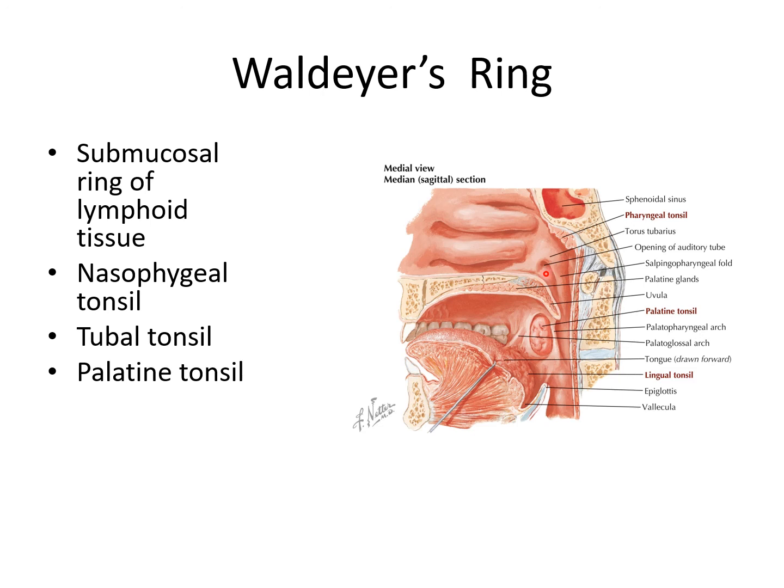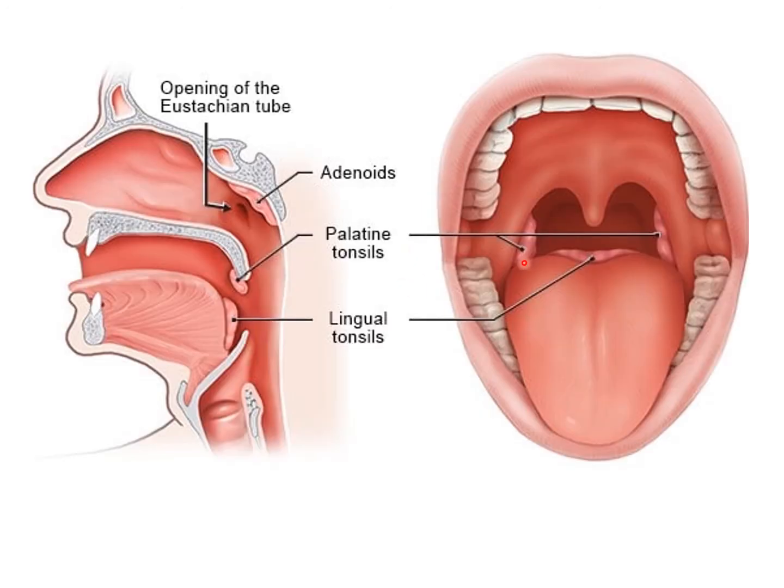Over it we have the tubal tonsils, and here we have the palatine tonsils. They all constitute a ring. If one opens the mouth, it is in the form of a ring. So it is known as Waldeyer's ring.